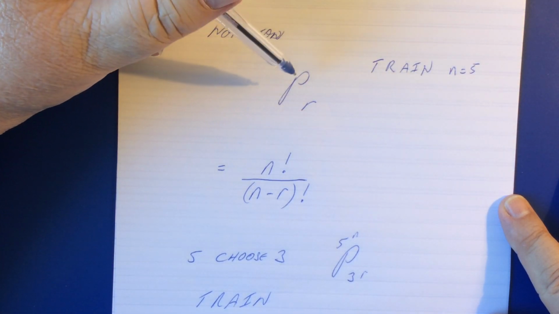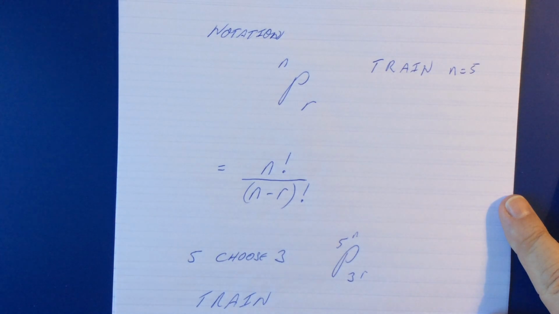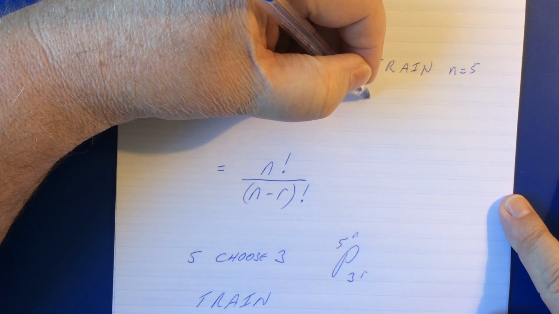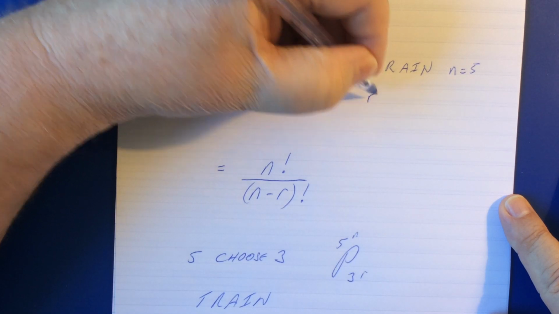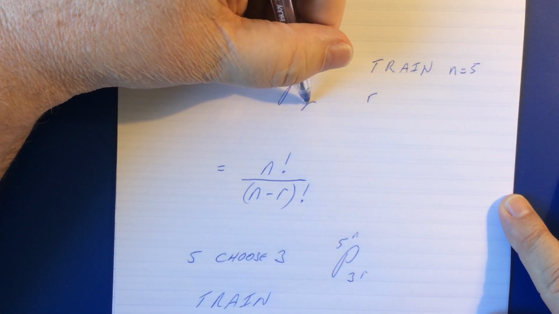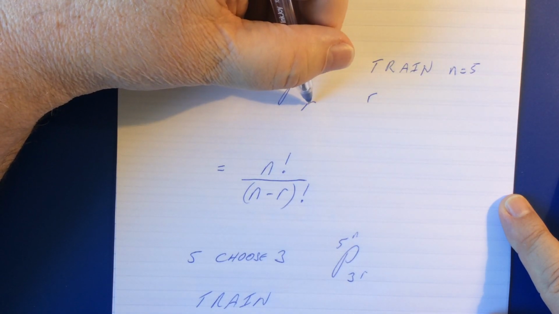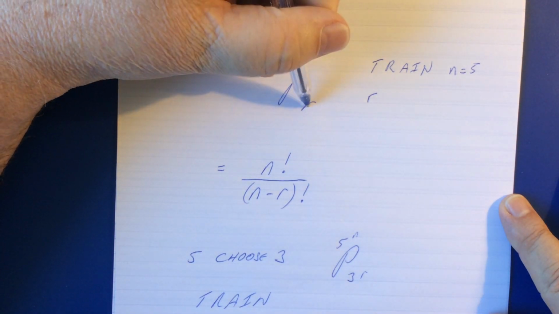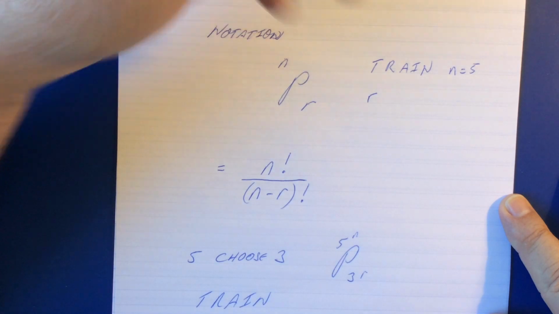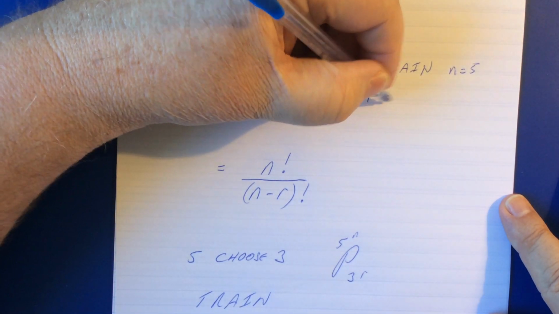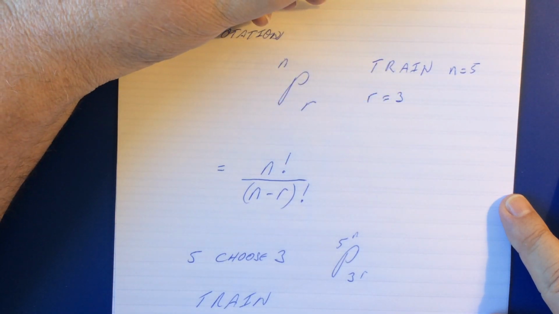And if we decide, as on the previous page, that we're only going to choose 3 of those letters, this is the notation for the limit of our choice. Now this could be 5 here and 5 here. But in the previous example, I used 5 and 3, so we'll make r equal 3.